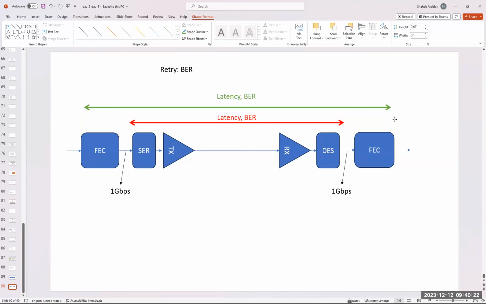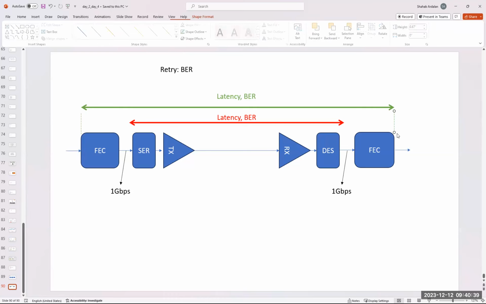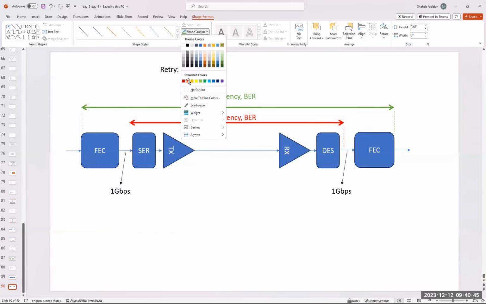And the retry is something that happens out of the scope of this latency. No, it does fall in the same category.